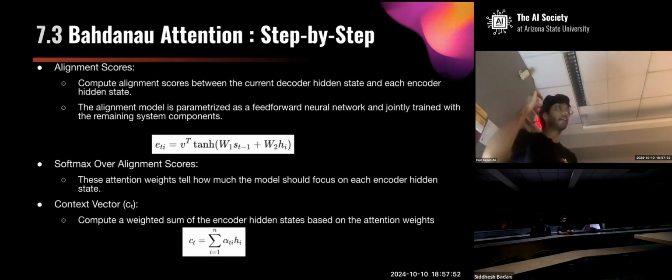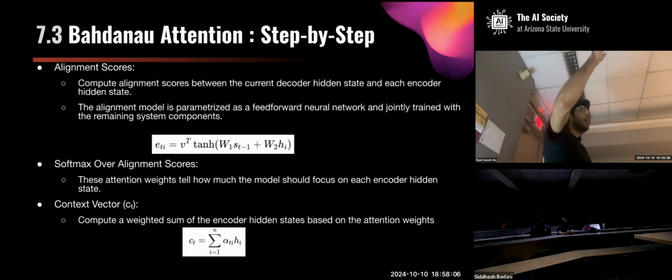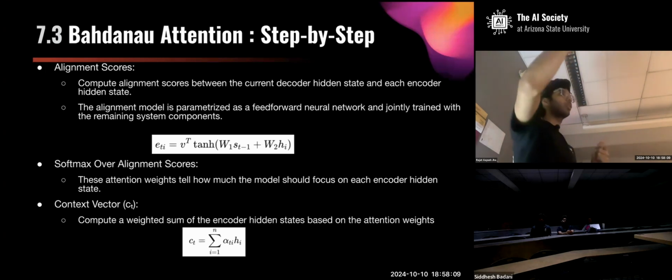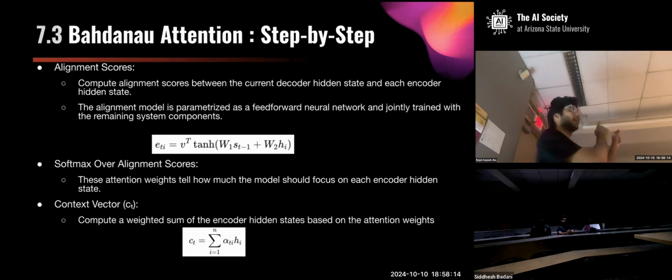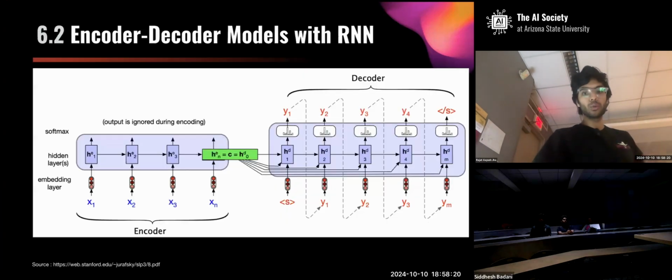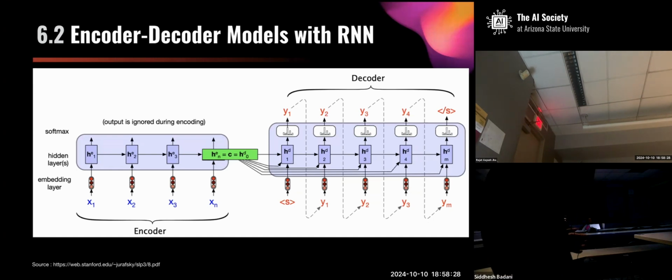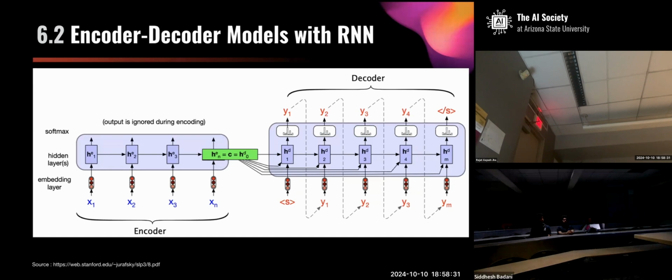After taking softmax, you get the attention scores. For example, for x1 you get an attention score of, let's say, 0.1. For x2 you get an attention score of 0.7, and for x3 you get an attention score of 0.2, at decoder step 2. That means at decoder step 2, while translating the language, you have to pay more attention to x2 because the attention score is 0.7. Initially, in the simple encoder decoder, all the information x1 till xn was just merged and given to the decoder as it is. Now, after attention, it will be weighted by its attention.